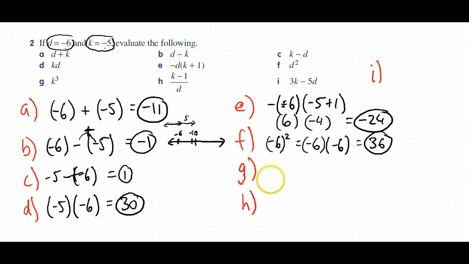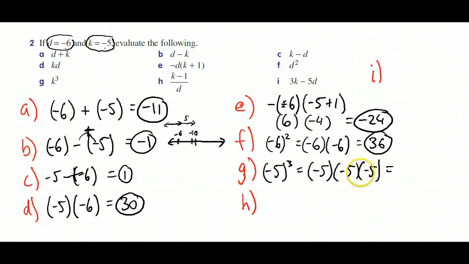In G, we've got k cubed, so we've got negative 5 in brackets, and it's cubed, so that equals negative 5 times negative 5 times negative 5. 5 times 5 times 5 is 125.